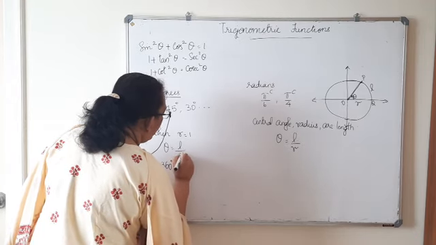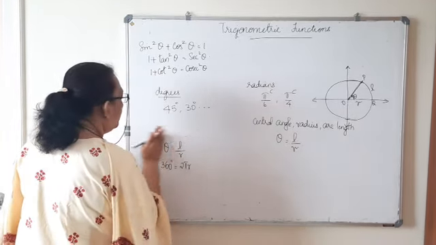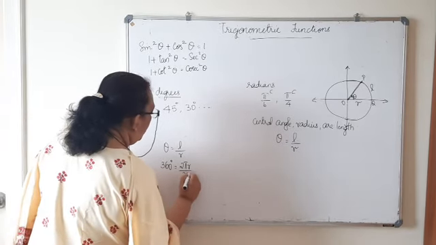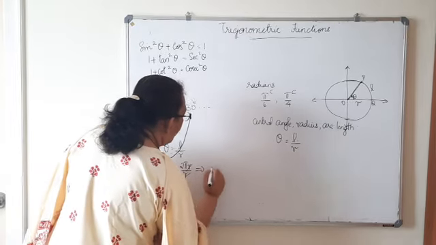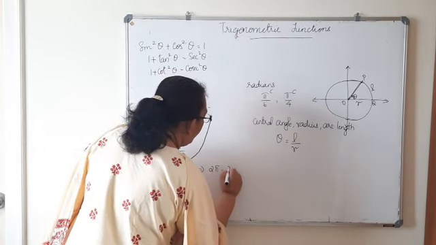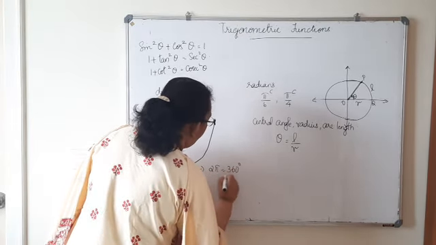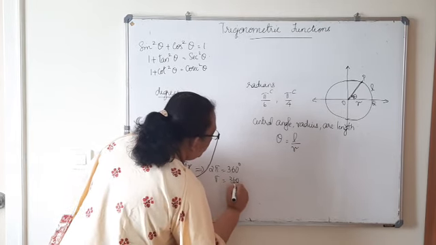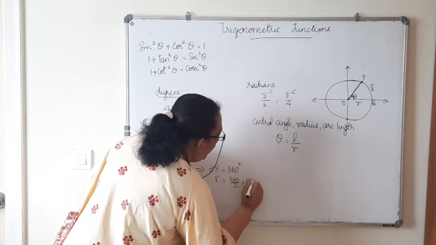Let us consider the first case itself. R and R cancel, which means 2 pi is equal to 360 degrees, or pi is equal to 360 by 2, which is equal to 180 degrees.